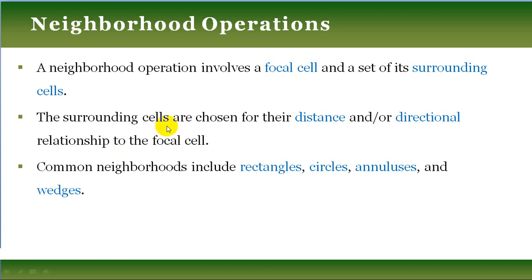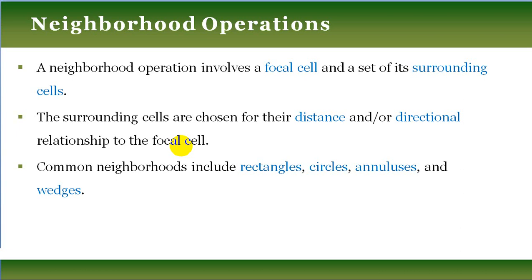These surrounding cells are chosen for their distance and/or directional relationship to the focal cell. So the surrounding cells we consider are based on distance from the focal cell, or direction from the focal cell, like east, west, north, south, or both distance and direction.